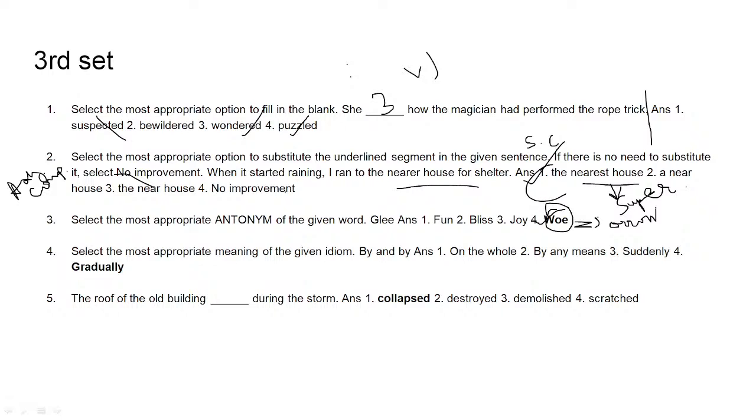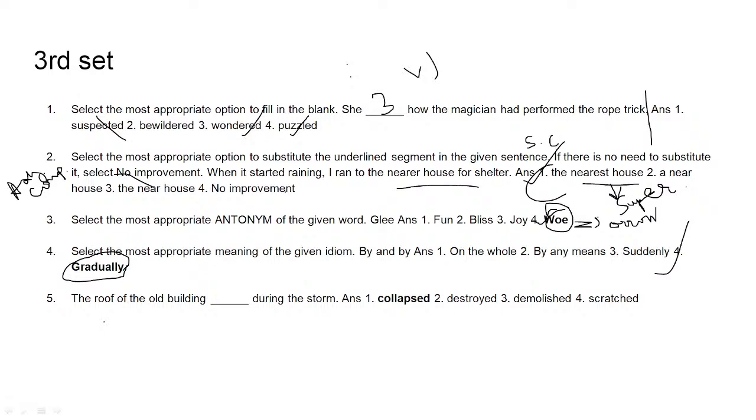Our options are what? On the whole. On the whole मतलब सब मिला के. That is not related, so that won't be our answer. Second one क्या है? By any means मतलब कुछ भी तरह से, ये भी नहीं होगा. So number 3 is what? Suddenly. Suddenly मतलब अचानक, ये भी नहीं होगा. So वो क्या होगा? Number 4 option होगा, जो है gradually. Gradually मतलब धीरे धीरे. That is why number 4 is our answer.